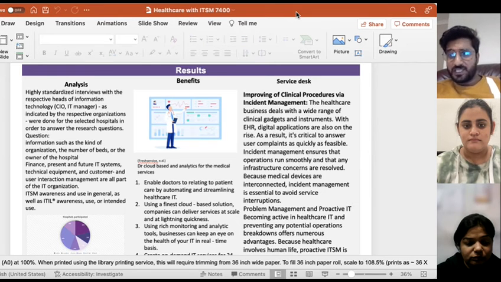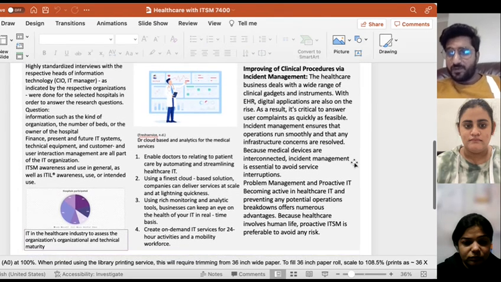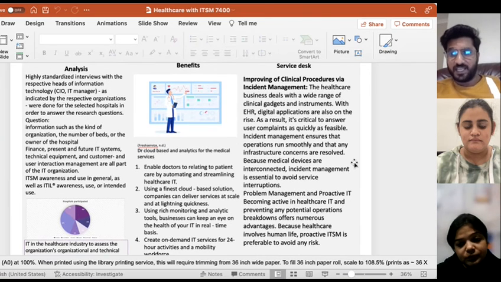Incident management ensures that operations run smoothly and that any infrastructure concerns are resolved because medical devices are interconnected. Incident management is essential to avoid service interruptions. Proactive problem management is becoming active in healthcare IT, and preventing potential operational breakdowns offers numerous advantages. Because healthcare involves human life, proactive ITSM is preferable to avoid any risk.